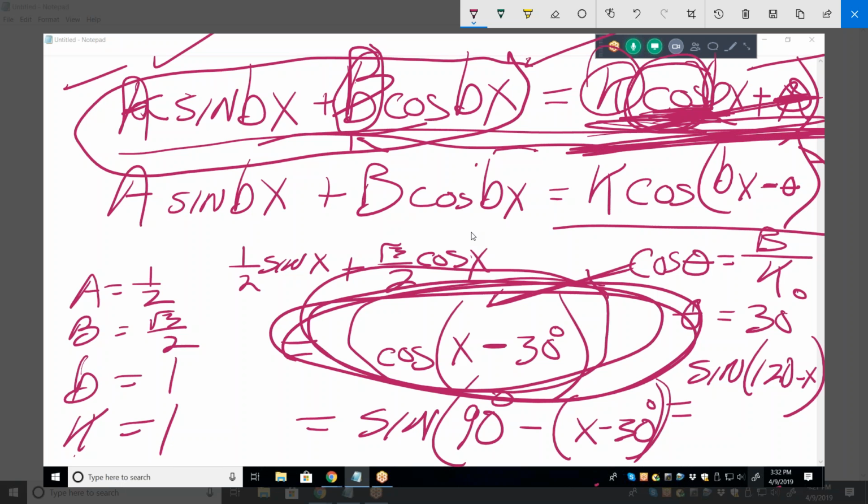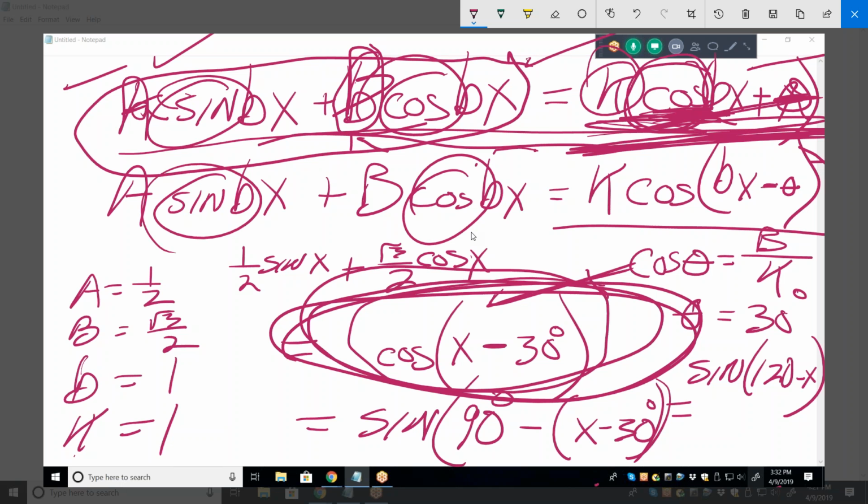In other words, this is sine, that should be sine. Or if this is cosine, that should be cosine. So I don't actually have a formula for the sum to product if you're using different trig functions. Probably could come up with one by using this sine equals cosine of 90 degrees minus x.